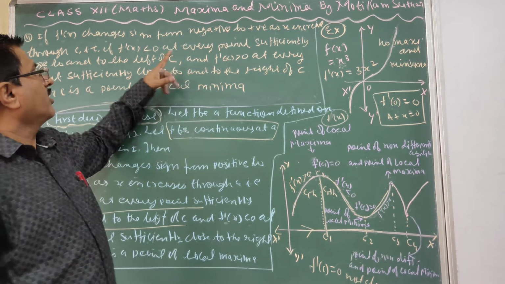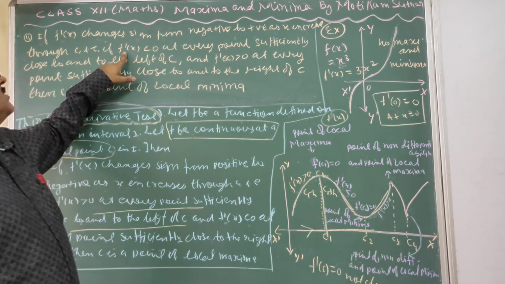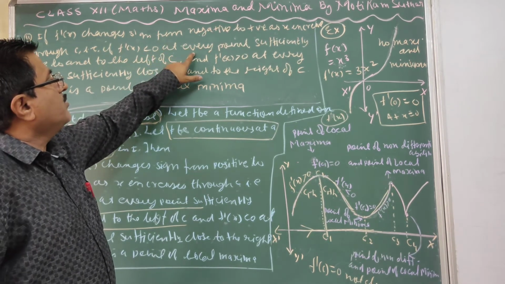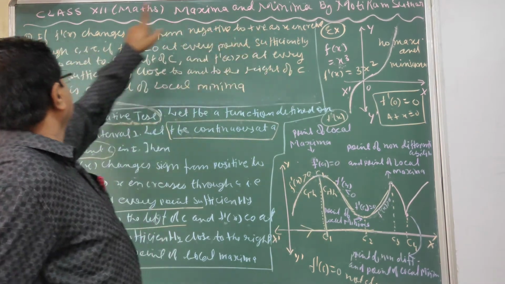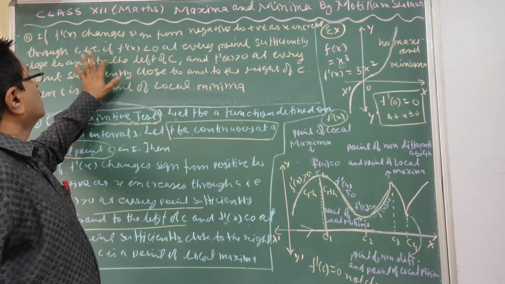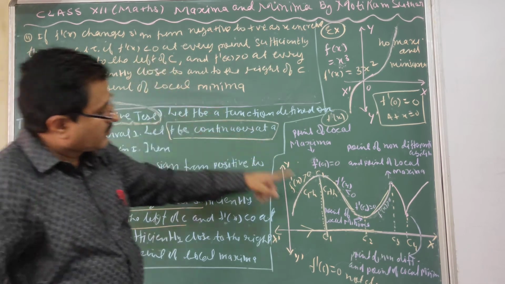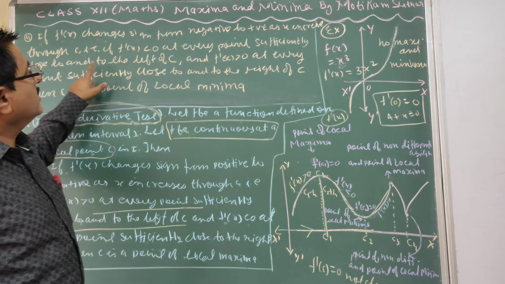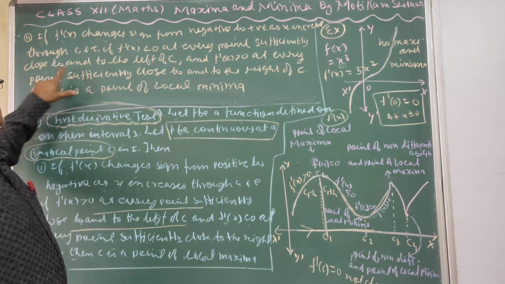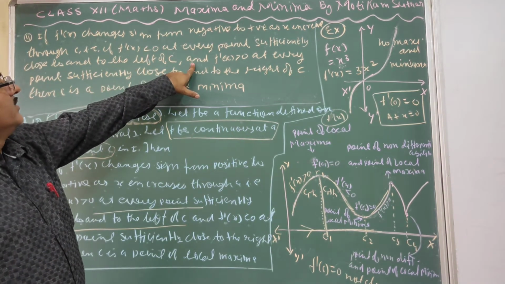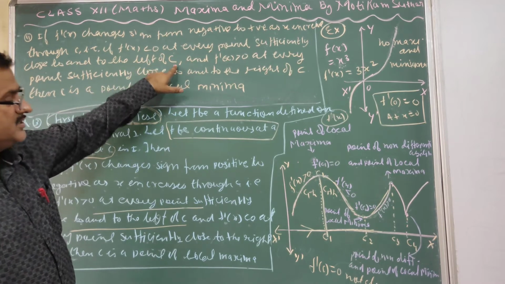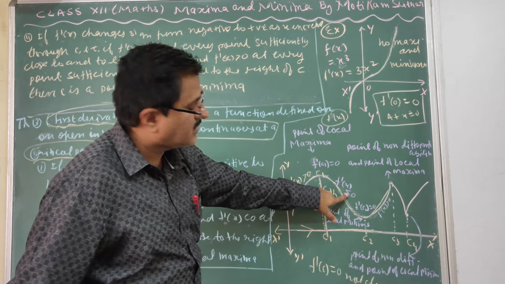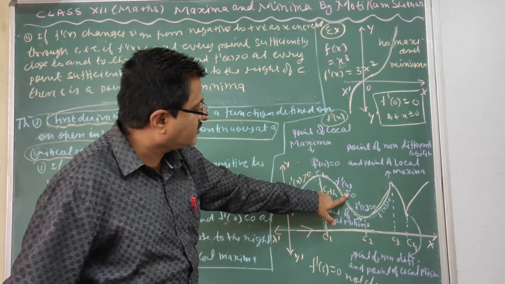In other words, you can say if f dash x is less than 0 at every point sufficiently close to and to the left of C, then negative we can take at the left side of C, f dash x is negative or less than 0.